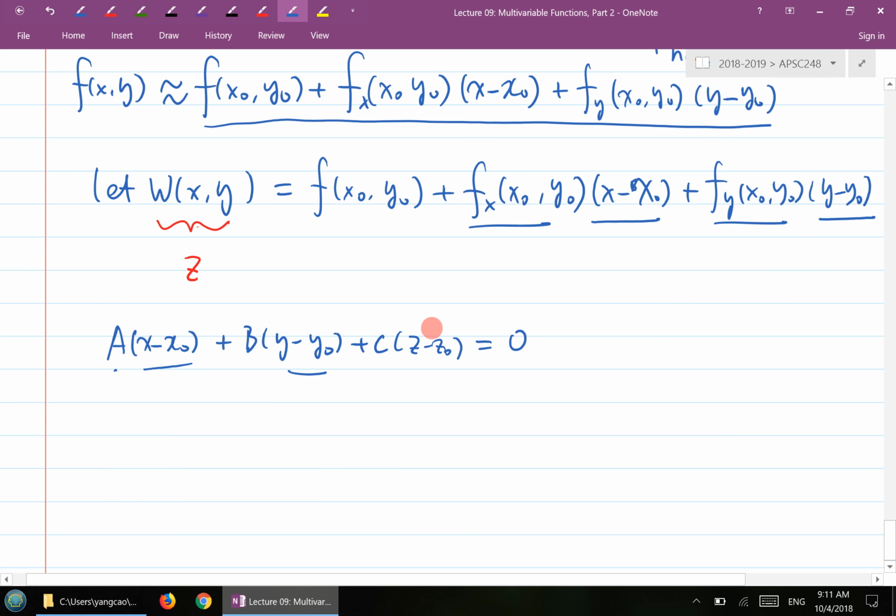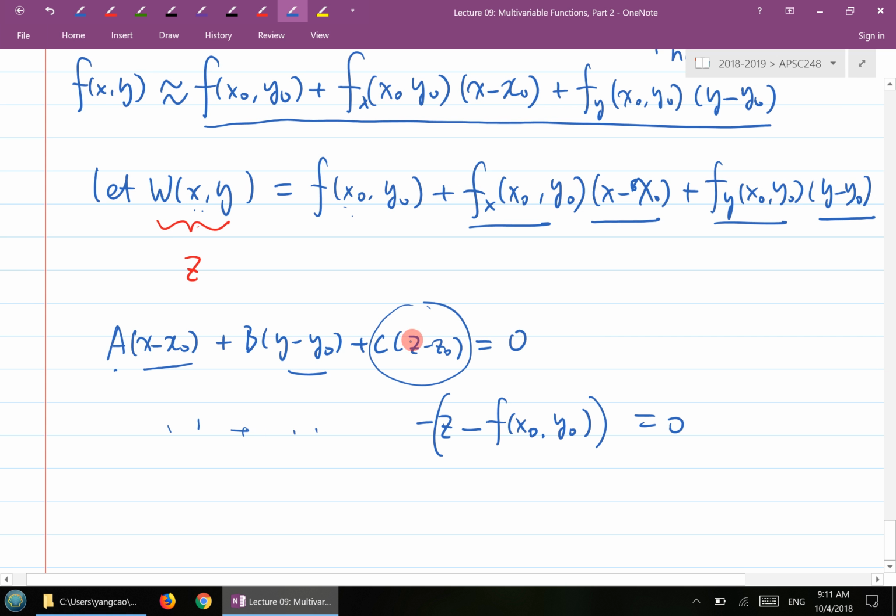And the tricky part is this portion, isn't it? But consider if I move this z over to this side. What do I get? Basically, I get negative z plus f of x naught y naught. If I take the negative out, I get z minus this, and then the whole thing equals 0.